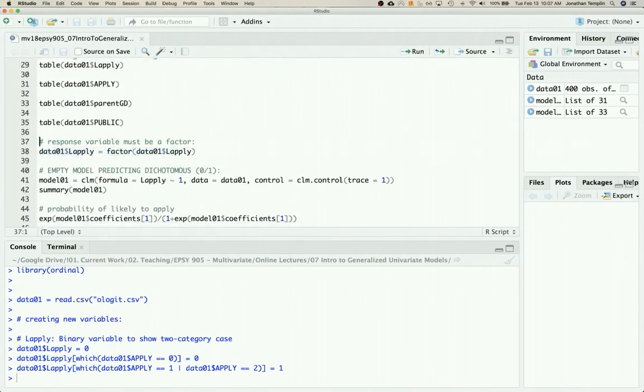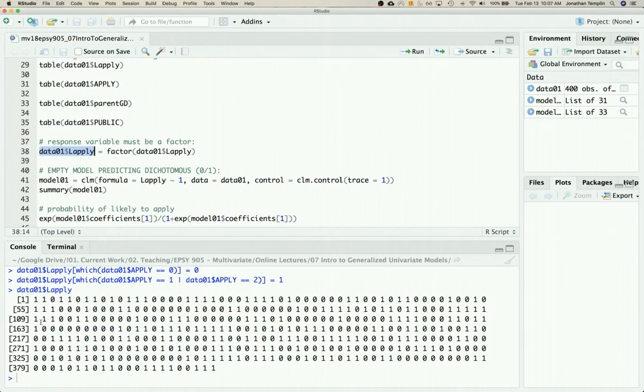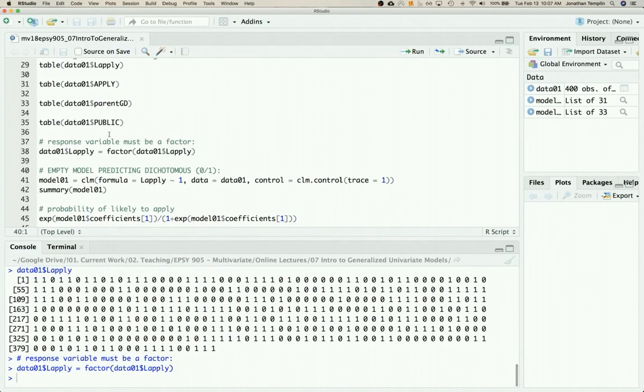What we have to do to use clm is convert our outcome, in my case this lapply variable, which is a bunch of zeros and ones, to an R factor type. Remember, an R factor is R's way of categorizing the variable, letting R know there are multiple levels.